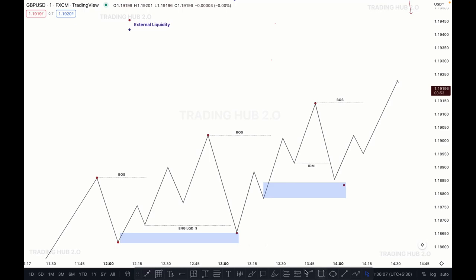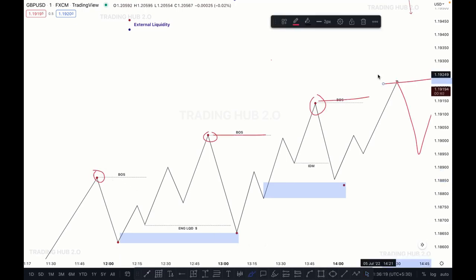So these are all called external liquidity. Every major high or low acts like external liquidity, because once the market takes external liquidity, it takes a pullback, then continues upside, taking the minor, or you can say internal, liquidity, right?